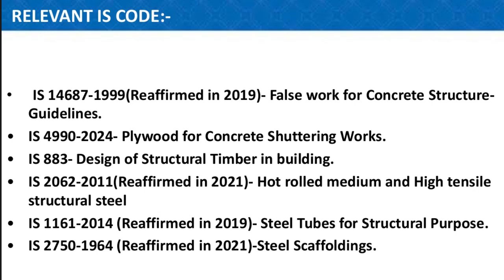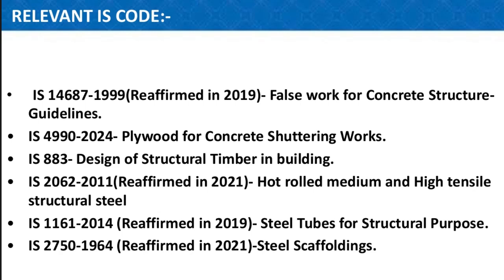We are using the plywood to support the freshly placed concrete. So what is the guideline for the plywood? That is given in IS 4990/2024. The next is IS 883, design of structural timber in building. Then IS 2062/2011, reaffirmed in 2021, hot rolled medium and high tensile structural steel, that is also used in the falsework.